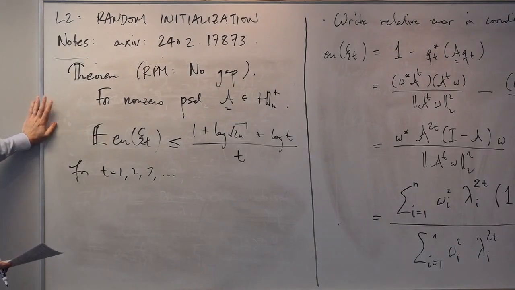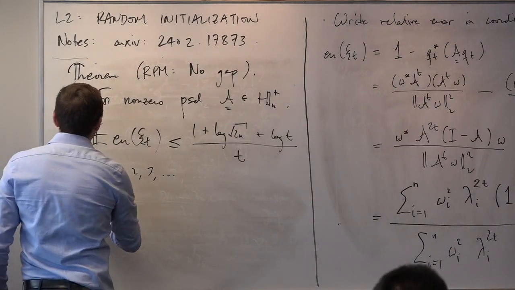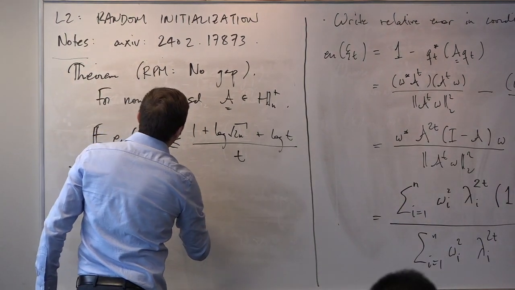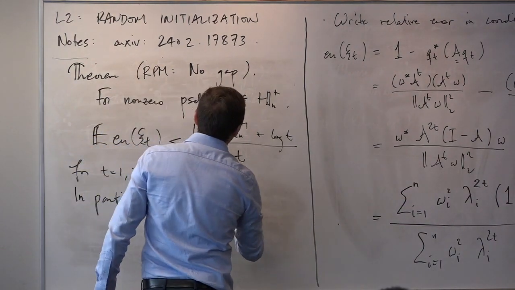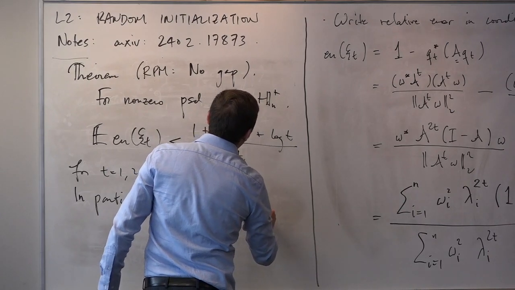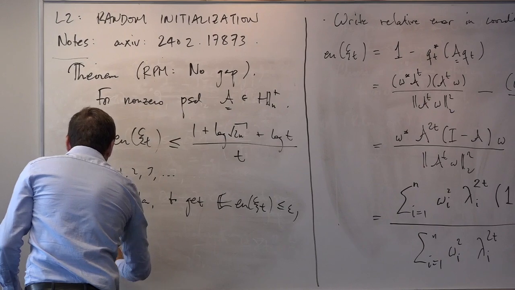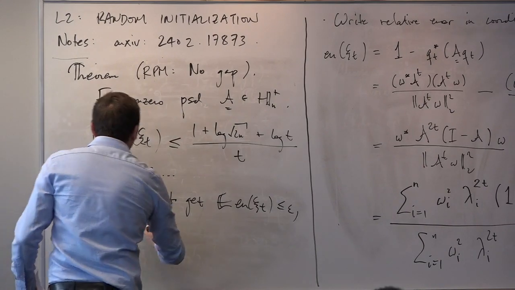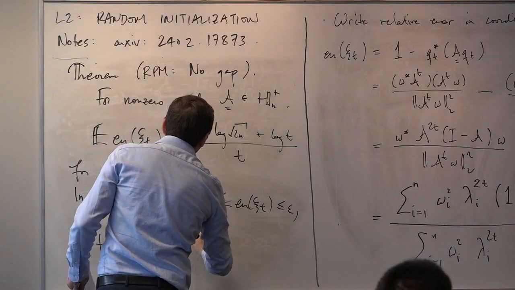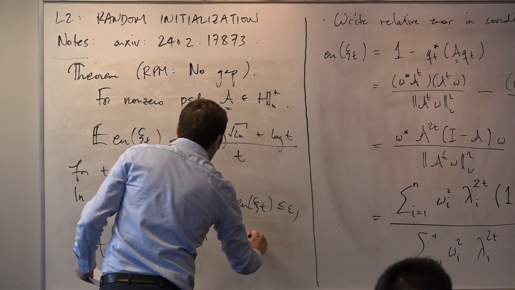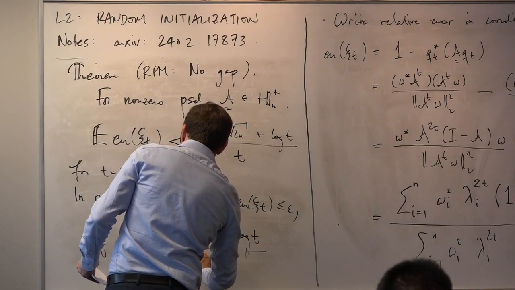And in particular, to get a relative error on average that is smaller than epsilon, we need t to be bigger than (1 + log √(2n) + log t) / epsilon.